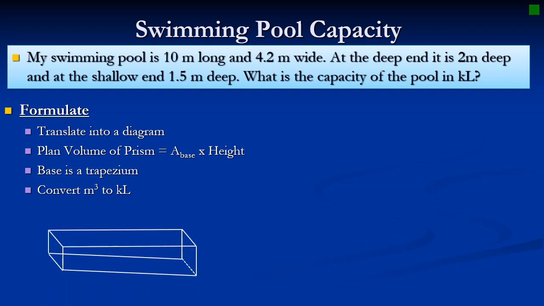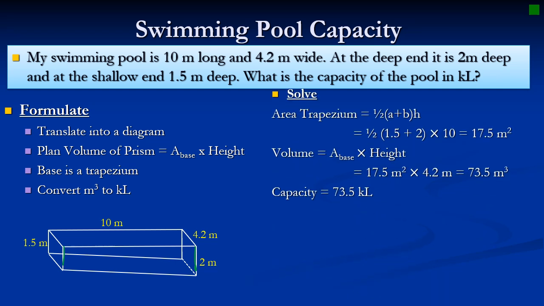So if I think about my pool, the constant cross-section is that trapezium. So remember we said we've got 2 meters at the deep end, 1.5 at the shallow, 4.2 meters wide, 10 meters long.